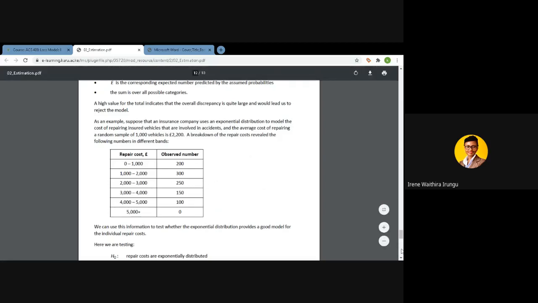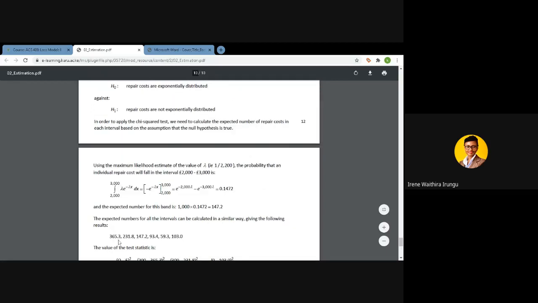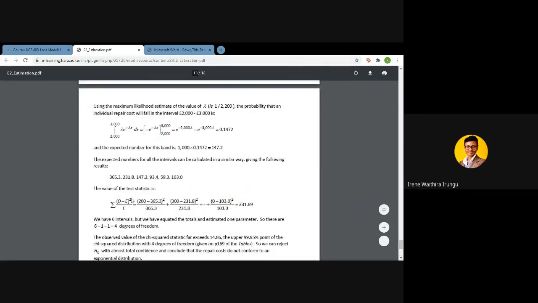If you do the same for all the bands, this will be the corresponding expected number for 0 to 1,000, this will be from 1,000 to 2,000, 2,000 to 3,000, 3,000 to 4,000, and so on to the very last category. So once you now have your data on observed from the table, and the expected is what you have computed in this manner for all the categories, now you can solve for your chi-square test statistic.